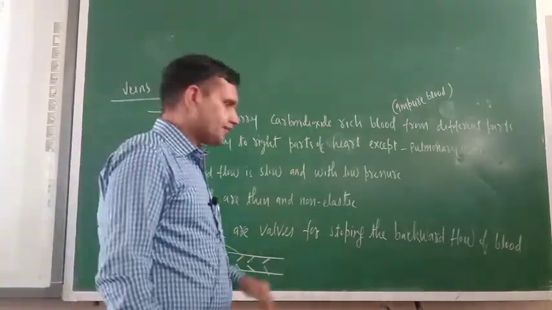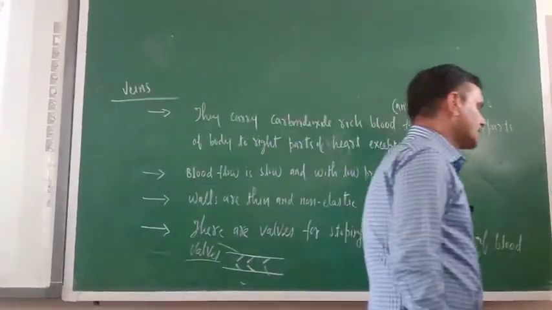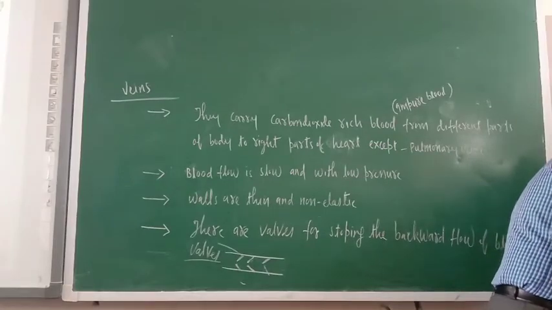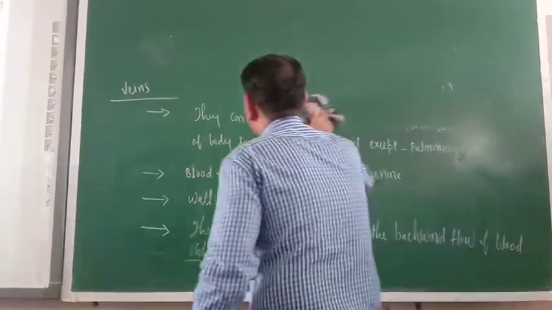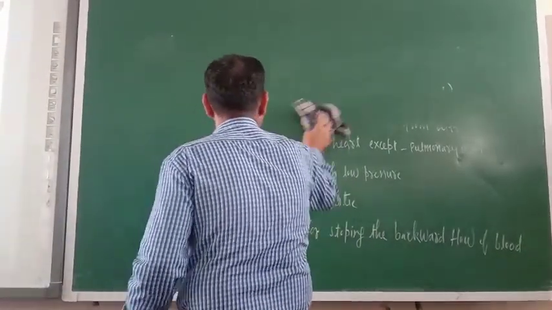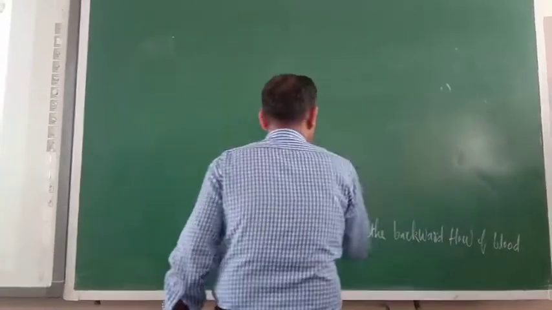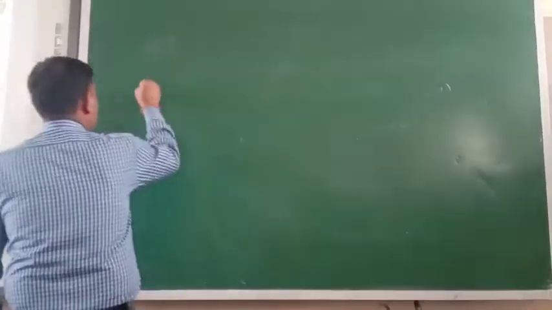Now next one is capillaries. What are the capillaries? The capillaries are extremely thin tubes which are formed by the division of arteries. Just write down here, capillaries.